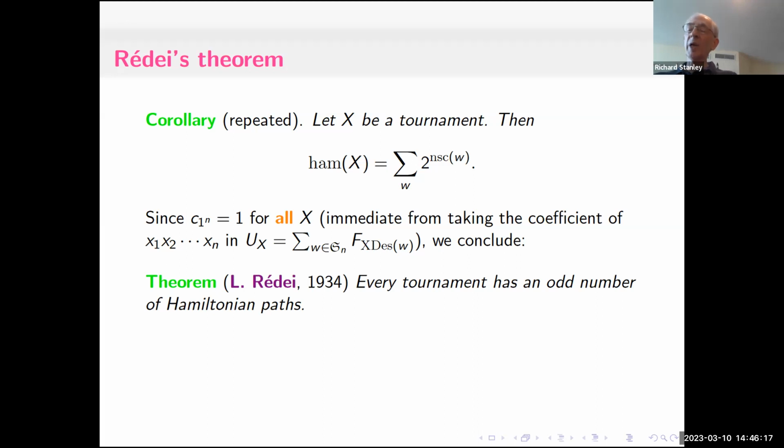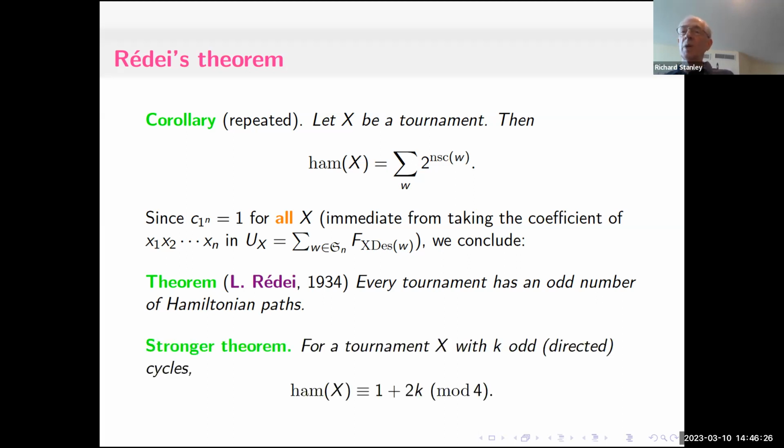And in fact, we can even get a stronger result, a mod 4 expansion. For a tournament X with k directed cycles of odd length, the number of Hamiltonian paths of X is congruent to 1 plus 2k mod 4. Because this exponent is 1.